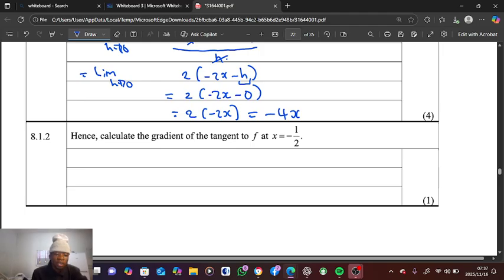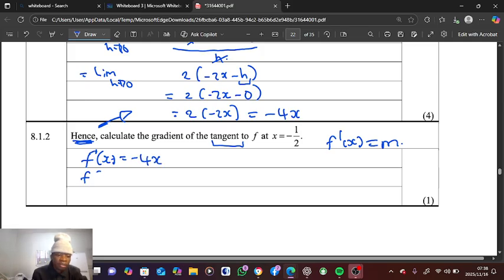Hence means from what you got in the previous answer, calculate the gradient of the tangent of f at x = -1/2. We know that the first derivative is the gradient of a tangent, remember. So f'(x) = -4x is our first derivative.